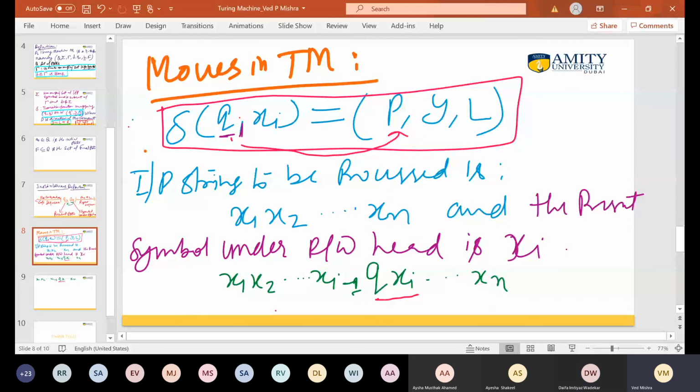Mohit, anyone? Yes, sir. So are you understanding this? At least speak, then I will understand that you are understanding. Otherwise, one-way will not be very good. So q is becoming p. Any confusion with this rule? No. Then xi is becoming what? Y. And then the read write head is moving where? To L. L means left.